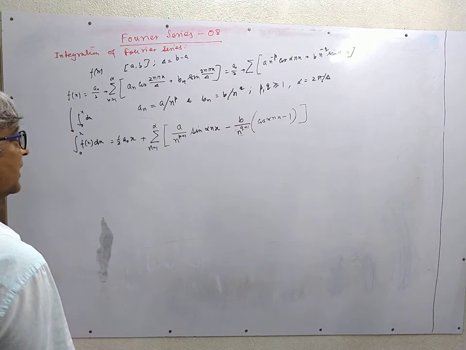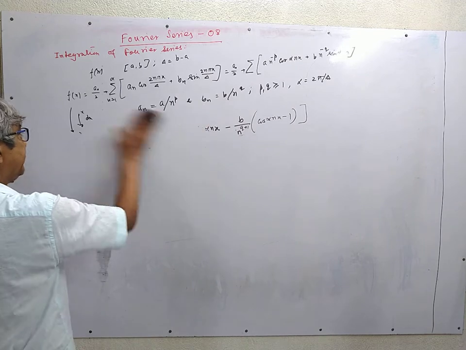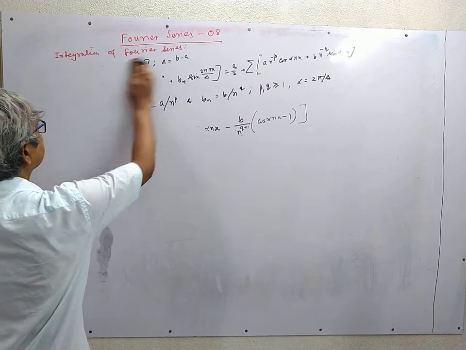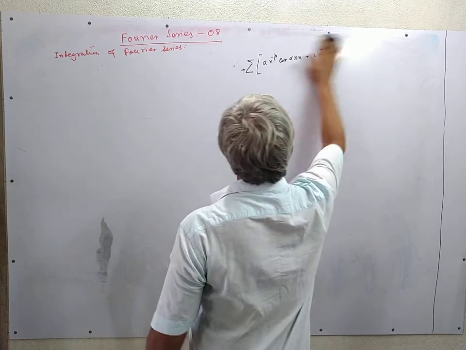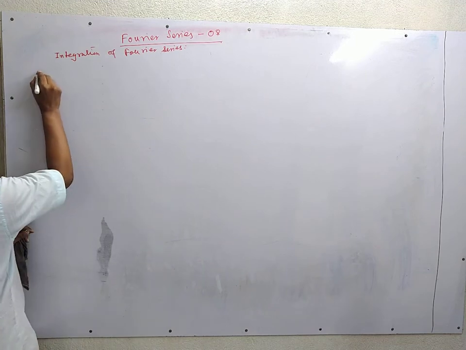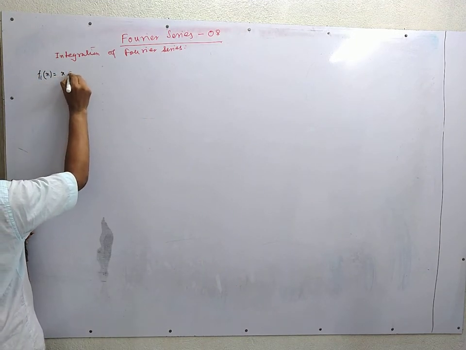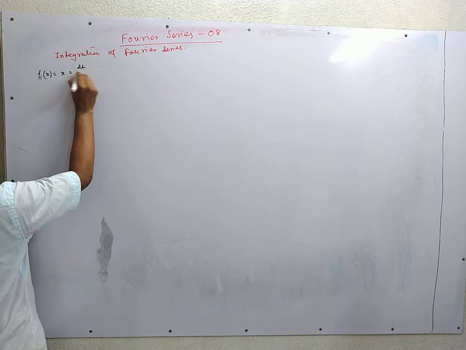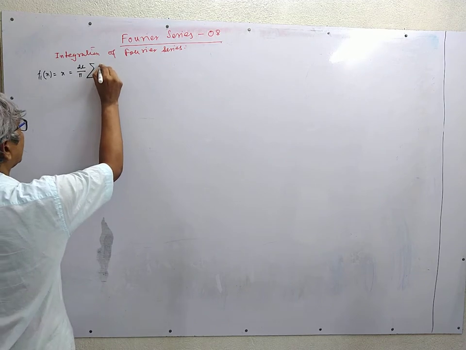We shall consider this in a few cases. So let me first write a few simple expansions that we have already carried out in an earlier lecture. First is f1 of x is equal to x, which is equal to 2c by pi times the series.